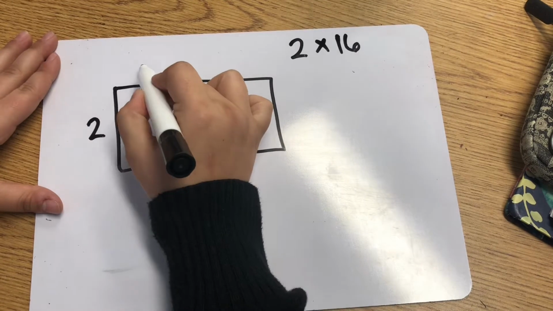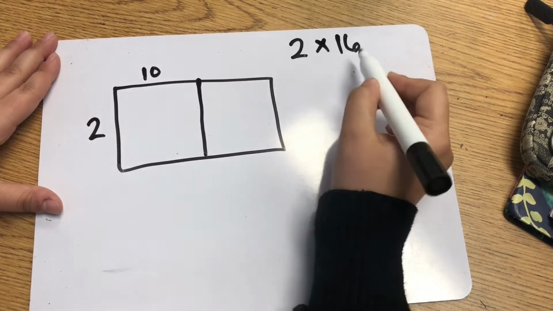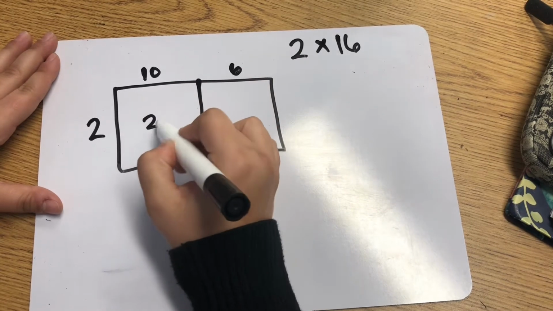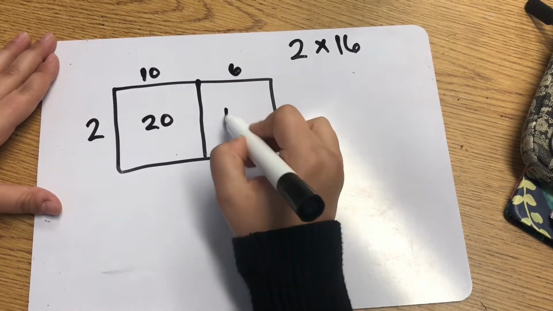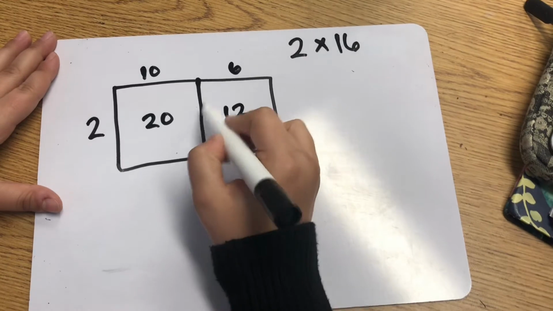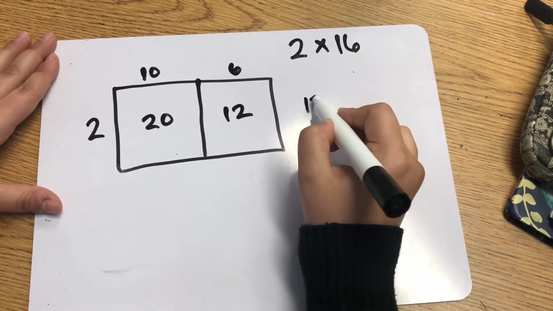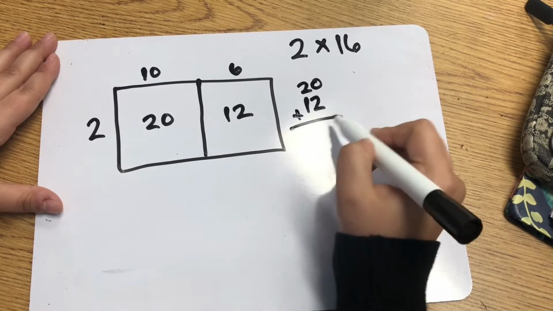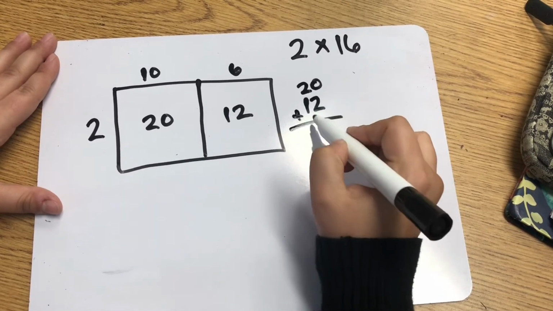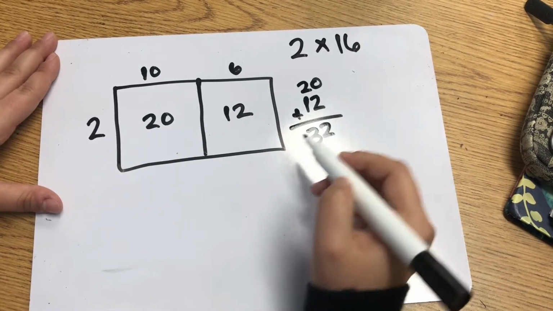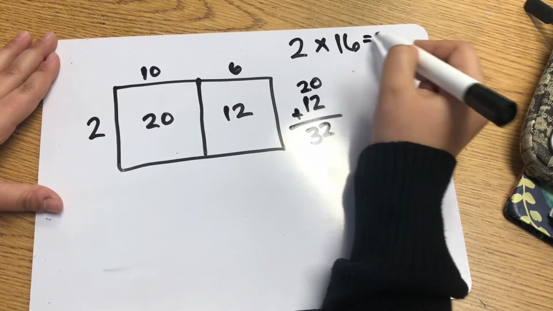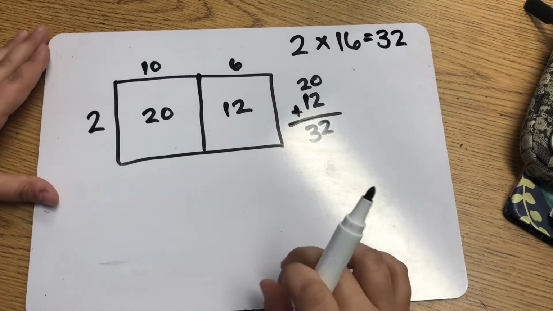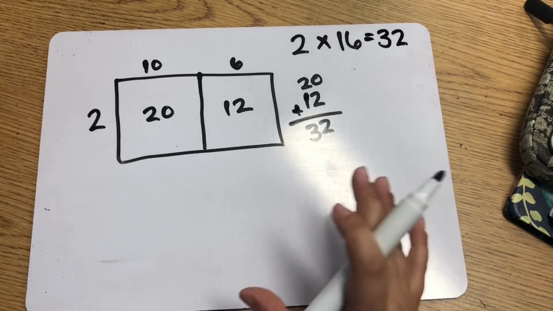So in my tens place, I have 10, and in my ones place, I have 6. I know 2 times 10 is 20, and I know 2 times 6 is 12. 20 plus 12, I know, bring down the 2, 2 plus 1 is 3, so 2 times 16 is 32.